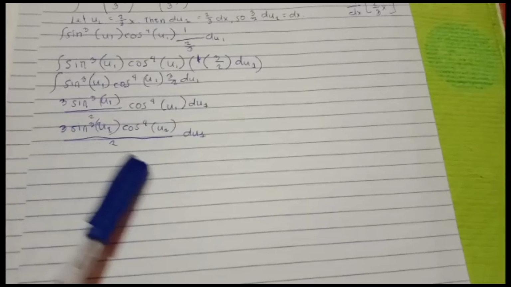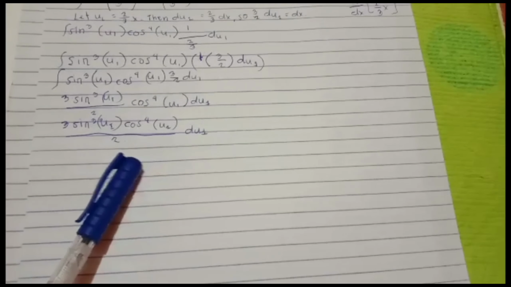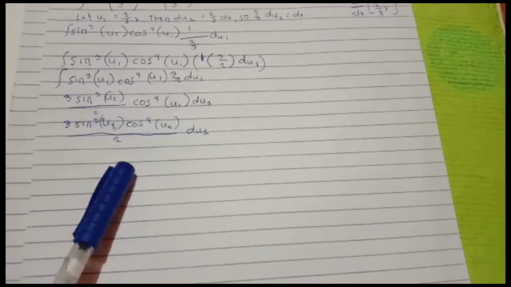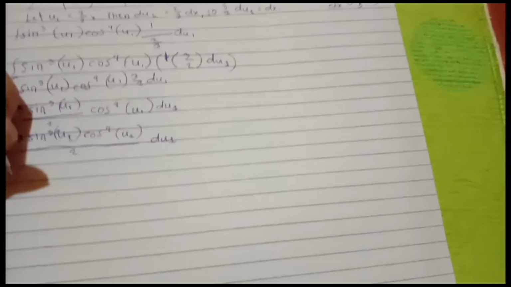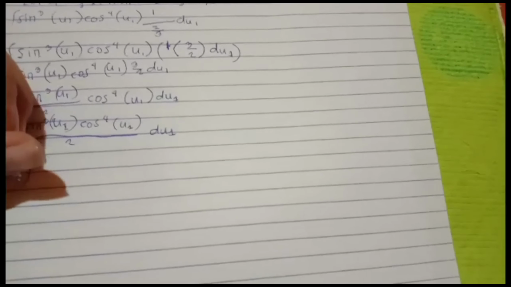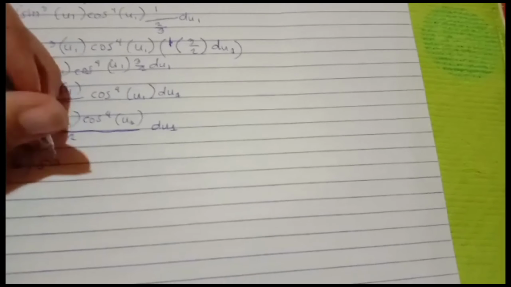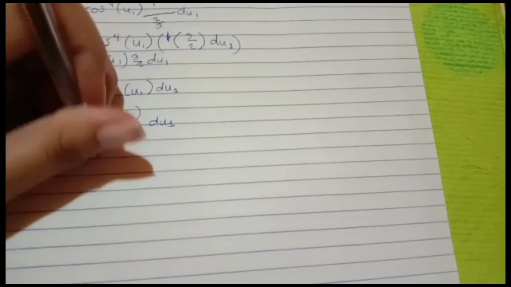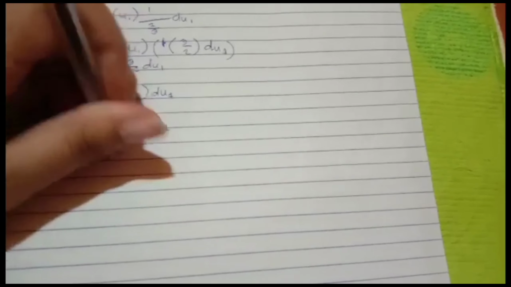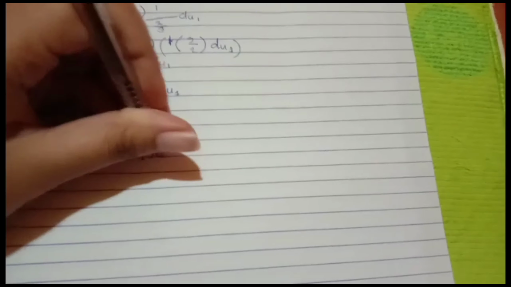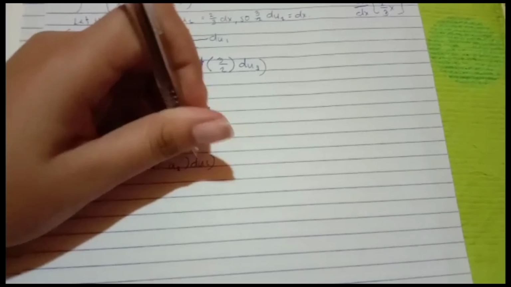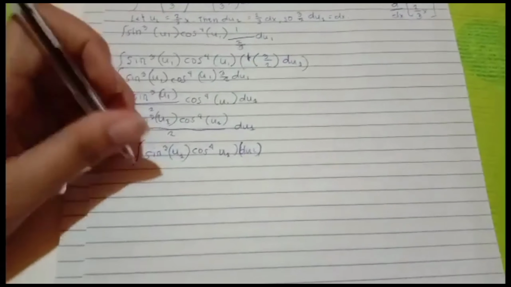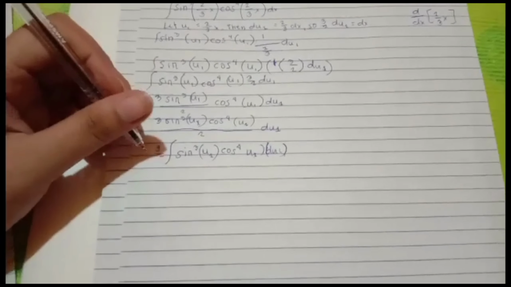Since 3/2 is constant with respect to u1, move 3/2 out of the integral. So, 3/2 integral of sine cubed u1 cosine to the 4th power u1 du1.